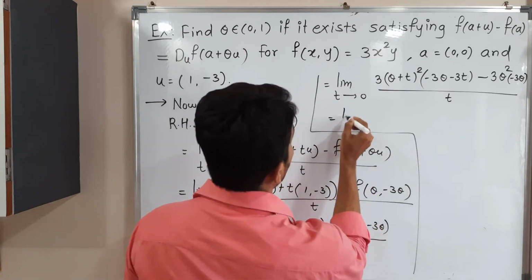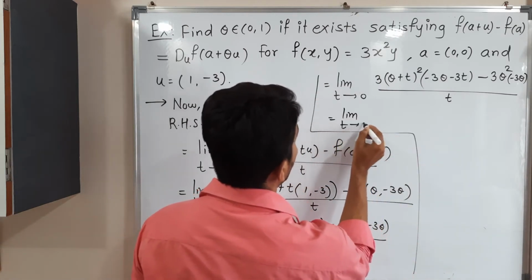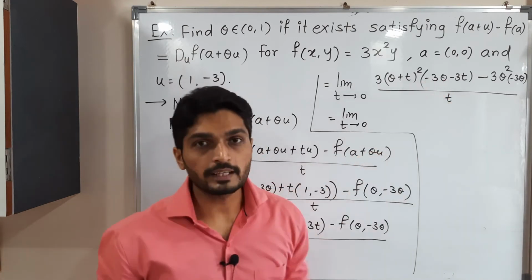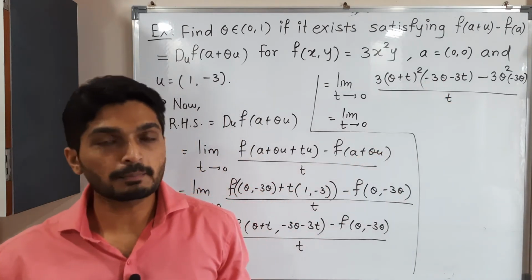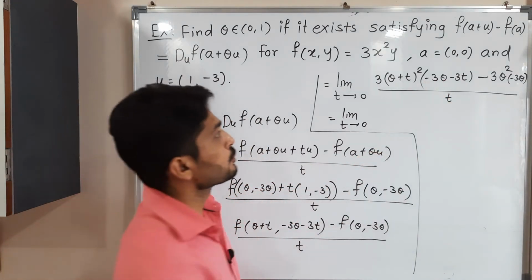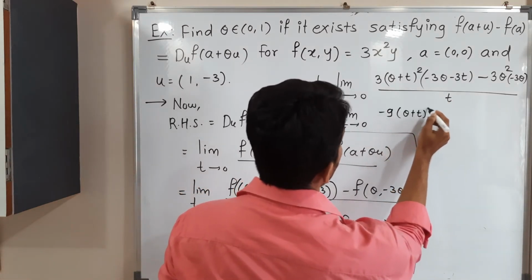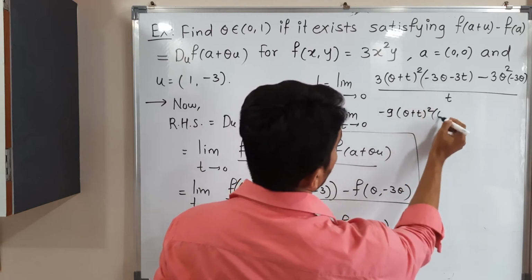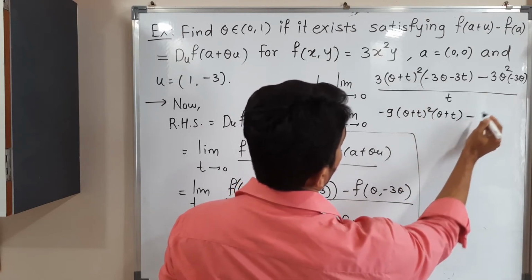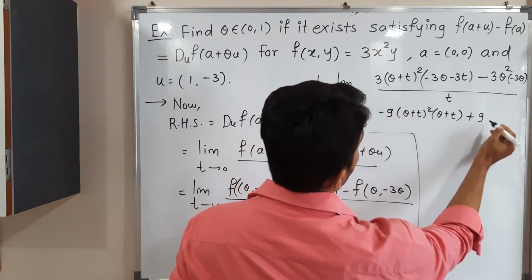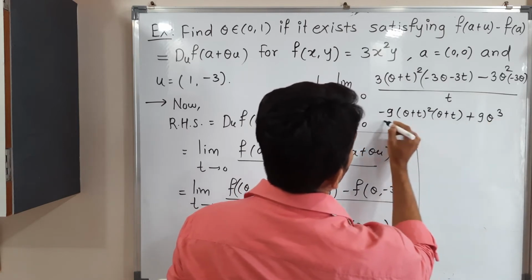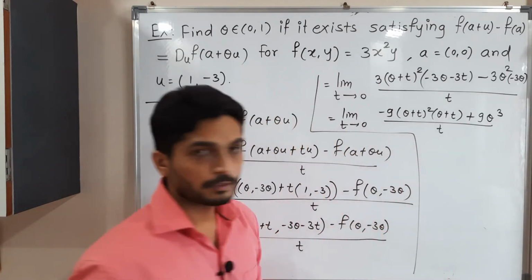So this is equal to limit t tends to 0. Tell me, minus 3 can we take common? Yes, obviously we can take minus 3 common from the second bracket. So minus 3 into 3 we will have minus 9 times theta plus t square. If you take minus 3 common, we will have theta plus t again. Minus plus 3 into 3, 9, and we will have theta cube divided by t.